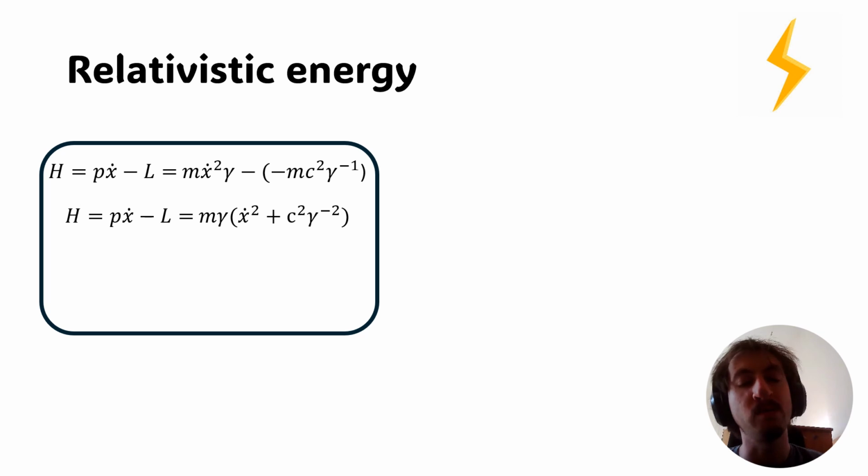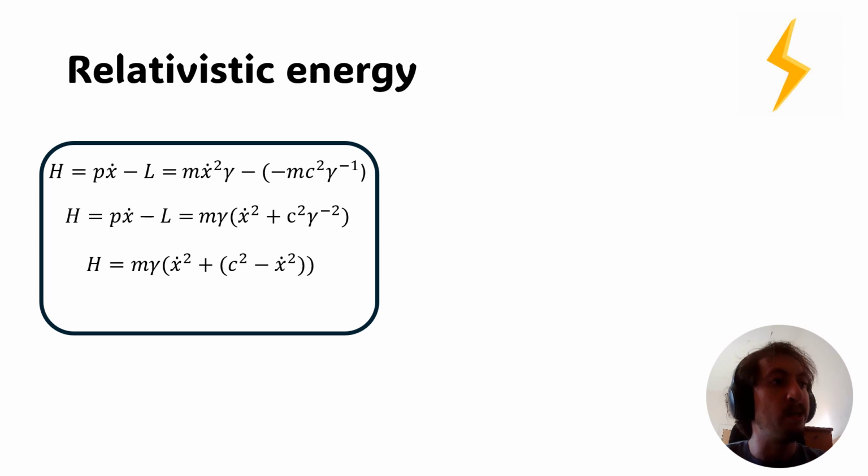That's helpful because gamma has a square root, so if you have gamma squared or gamma to the minus 2, or in general gamma to the n where n is some even integer, the square root goes away, which makes rearranging things a lot easier. If you use the expression for gamma squared, you can easily work out what gamma to the minus 2 is.